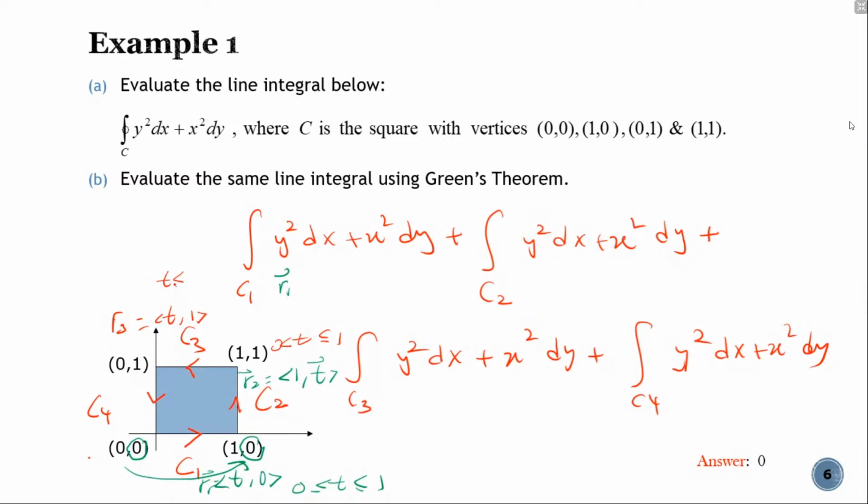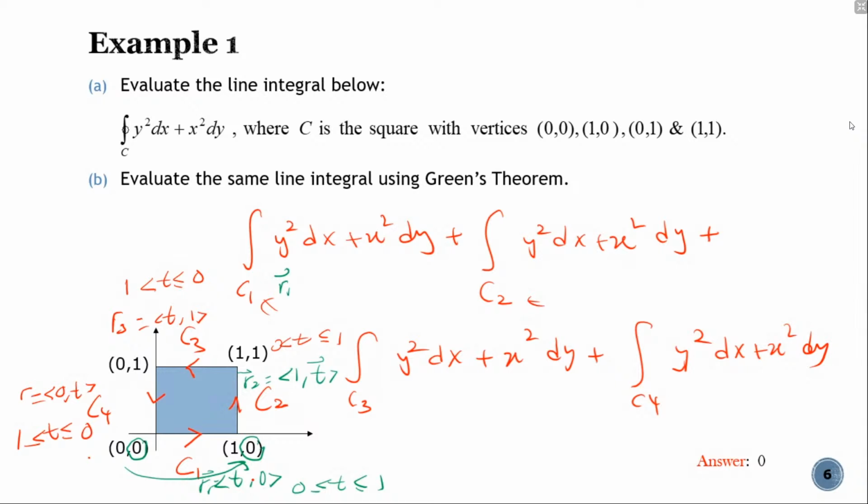But t here goes from 1 to 0. And for curve 4, the R has x maintained at 0, but y changes as t, and t here goes from 1 to 0. So you change your curve and your dx and dy according to your R.